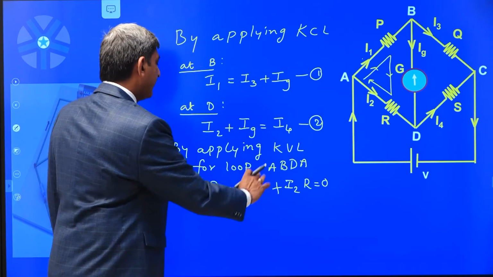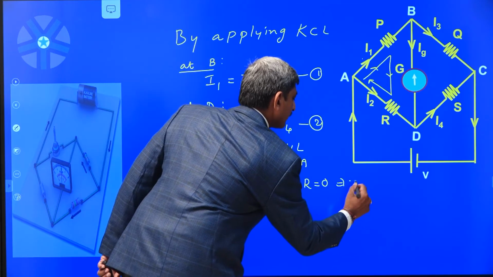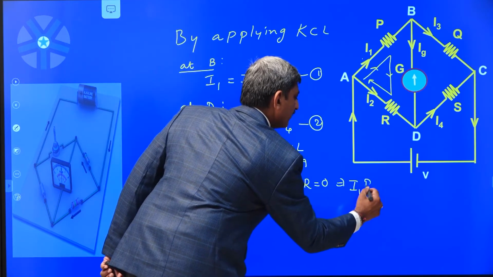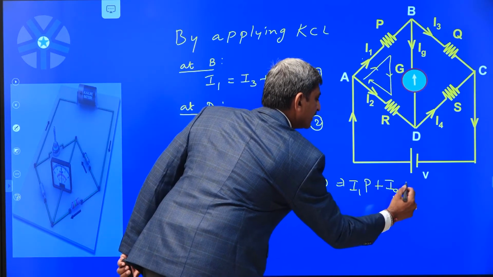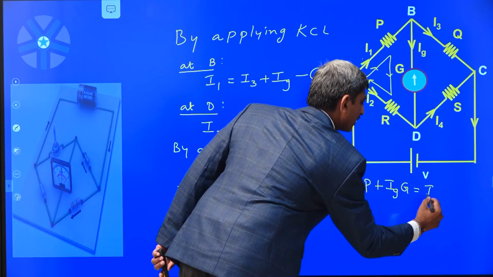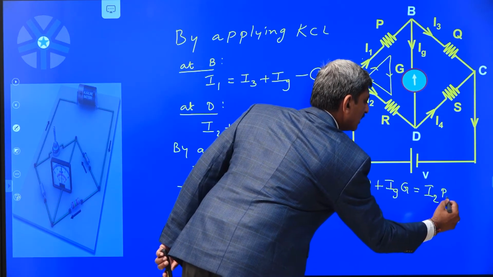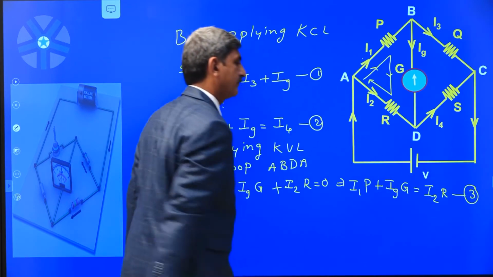So by rearranging the terms, we have I1P plus IgG is equal to I2R. Let it be equation number 3.